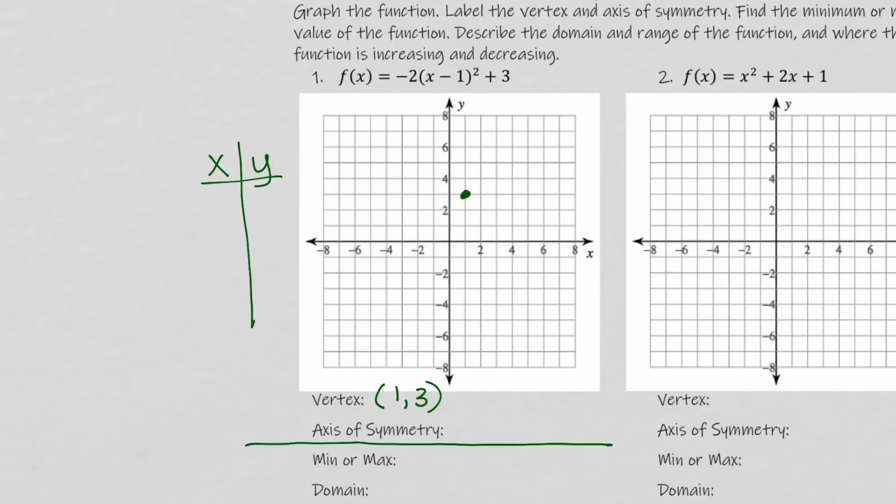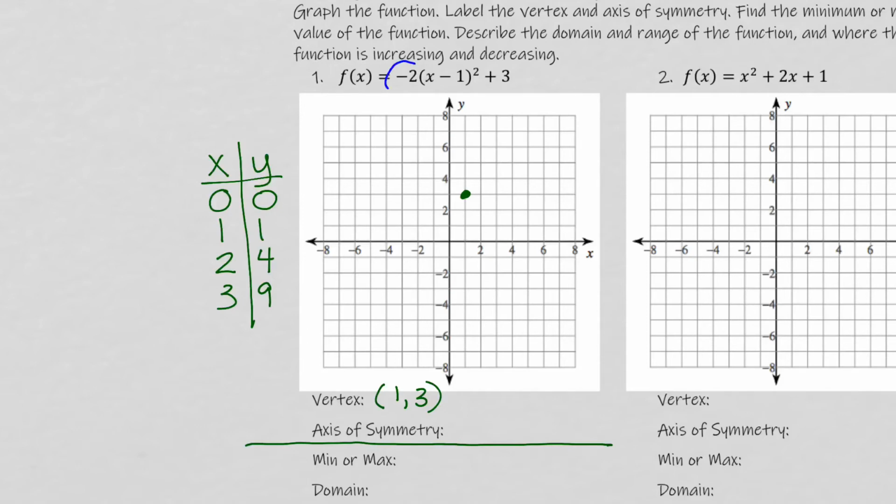This way is just faster. Either way is okay. Anyways, we know if x is 0, y is 0 because it's x squared. If x is 1, y is 1 squared. If x is 2, y is 2 squared, which is 4. And if x is 3, y is 3 squared, which is 9.